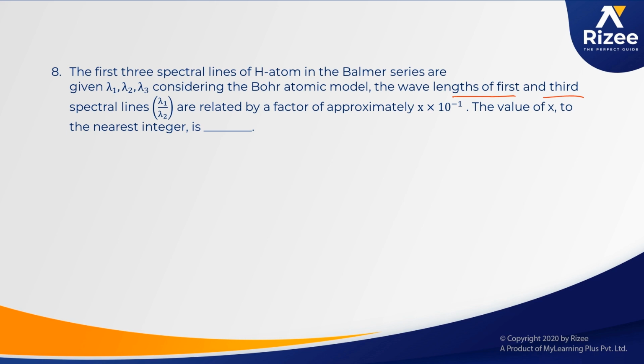That means 1 by lambda 1 is equal to R times 1 by 2 square minus 1 by 3 square, the Balmer series. And 1 by lambda 3 is equal to R of 1 by 2 square minus 1 by 5 square.